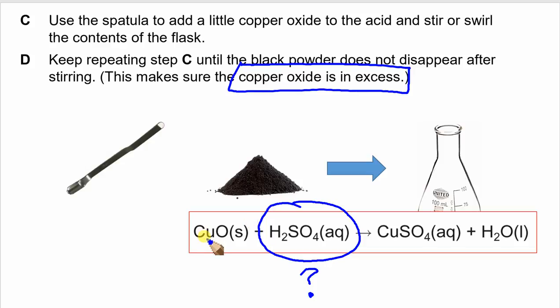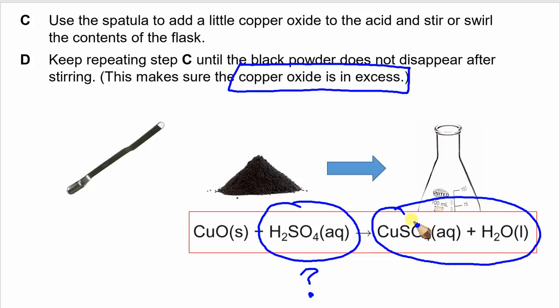Well, if we keep on adding copper oxide and there's no more sulfuric acid for the copper oxide to react with, effectively what we're doing is we're adding copper oxide into this solution here. Now copper oxide's not going to dissolve in a solution of copper sulfate and water.